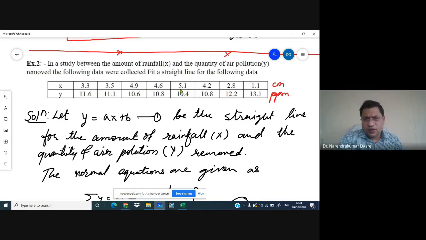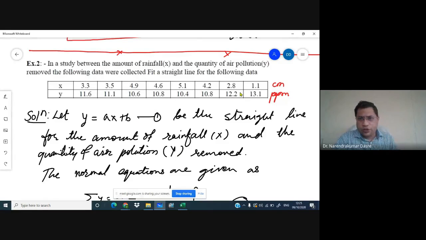So you can see here 5.1 centimeter. If there is a rainfall of 5.1 centimeter, then 10.4 ppm air pollution is removed. Whereas if there is only 1.1 centimeter of rainfall, 13.1 ppm air pollution is removed. So you can just guess that these are inversely proportional.